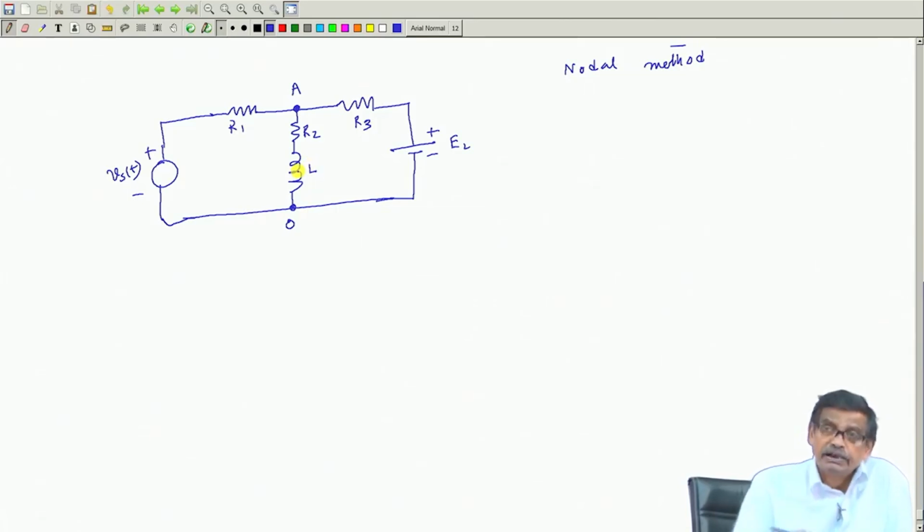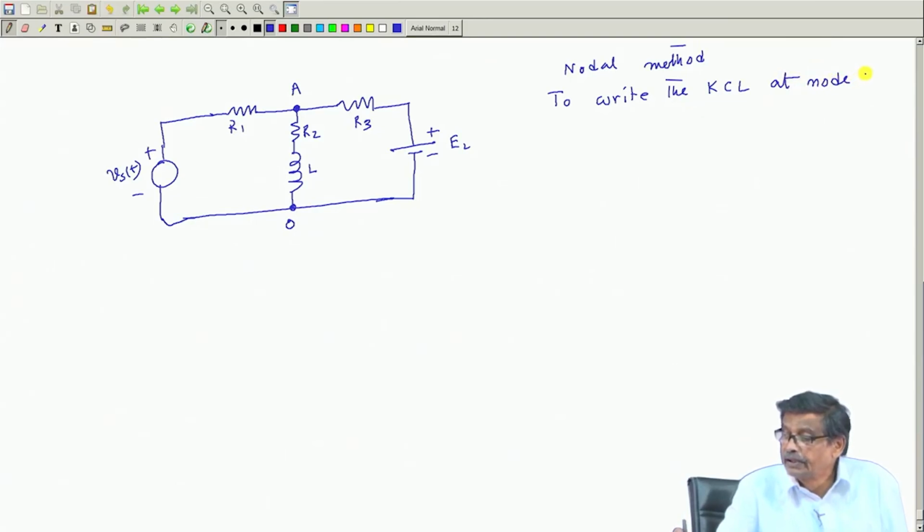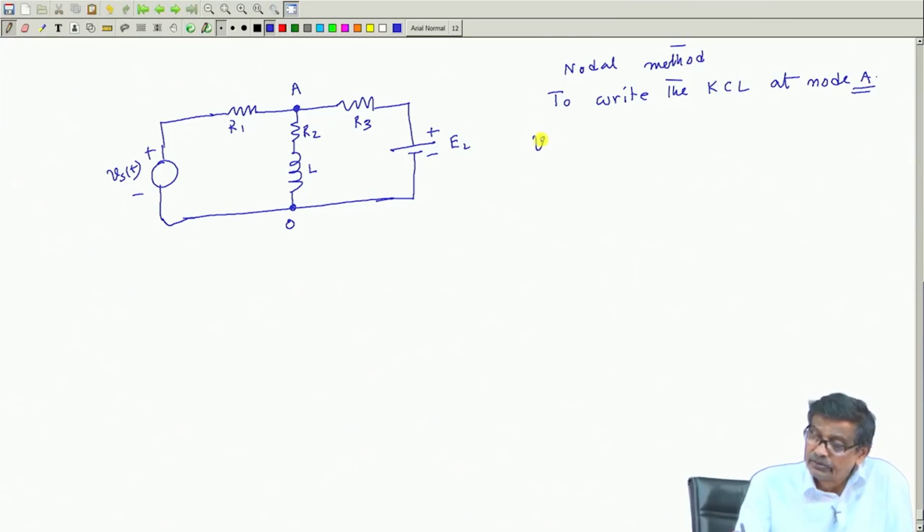So, what we have been doing so far, now I have to write down the KCL at node A. VAO is the unknown node voltage.